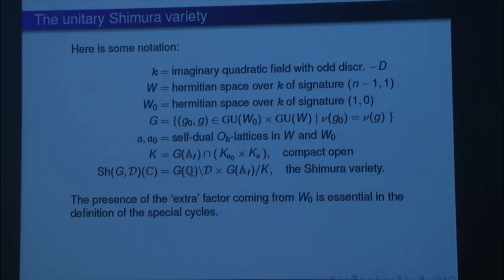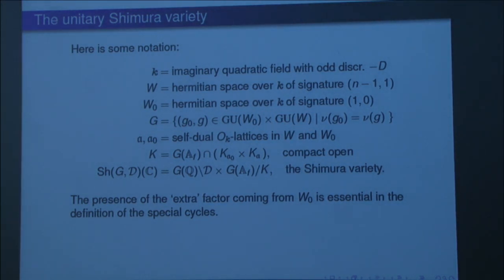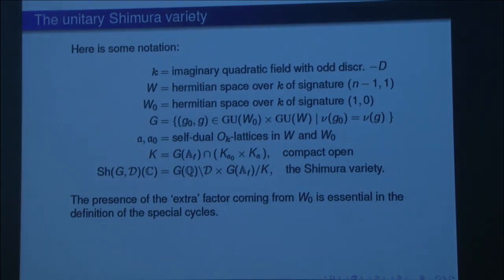And I should mention one other funny thing, and that is that in this business here, I may mention it again later, but I thought while I'm thinking about it, I'll mention it now. If you had just taken GU, there's a sort of standard model, there's a standard Deligne's H for such a thing attached to abelian varieties of signature (n-1,1), and the standard Shimura variety. Dick Gross, several years ago in a letter to Deligne, had mentioned that there was another funny H that could be used in this situation, and he asked whether or not there was some moduli interpretation of it.